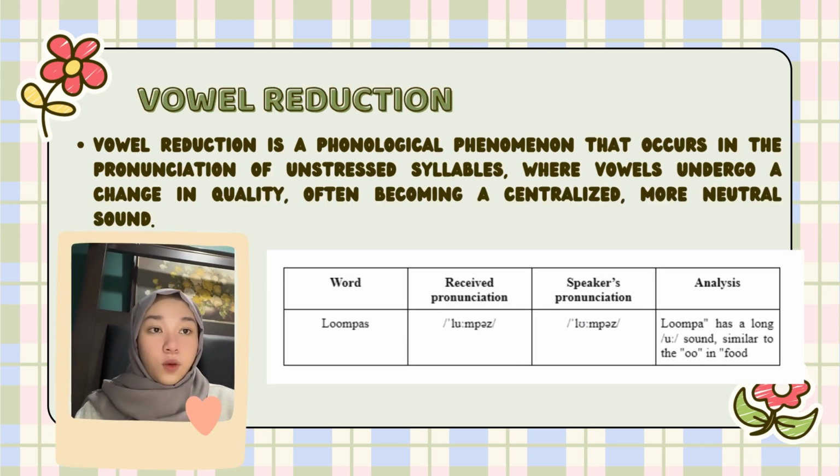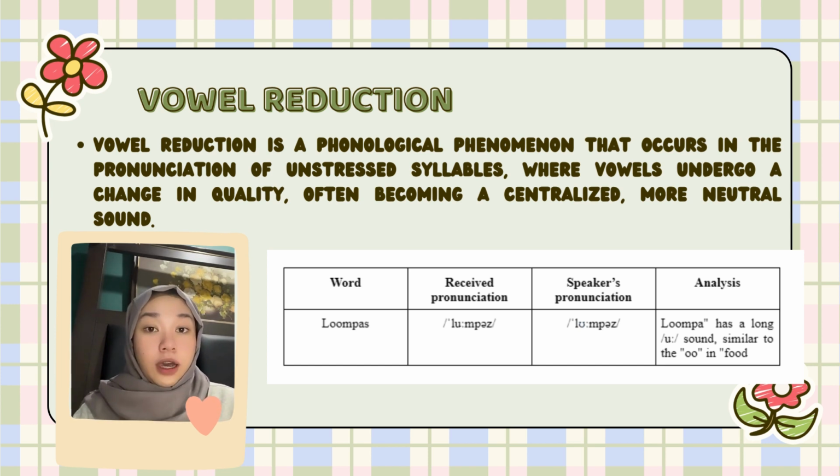The next vowel component that I am going to present for today is the vowel reduction. Vowel reduction is a phonological phenomenon that occurs in the pronunciation of unstressed syllables, where vowels undergo a change in quality, often becoming a centralized and more neutral sound. So the word that I have identified from the podcast is the lumpas.